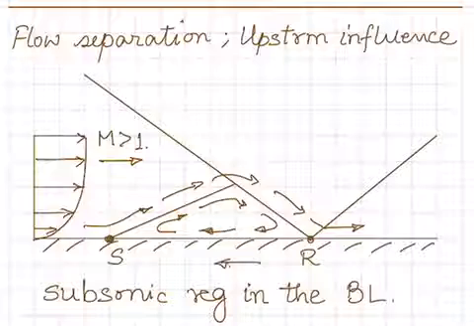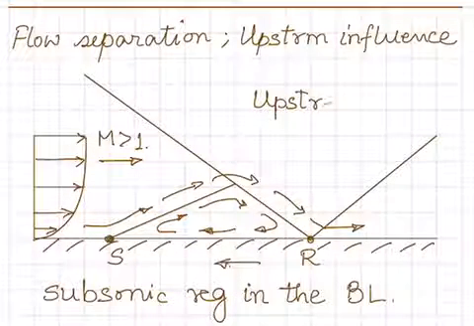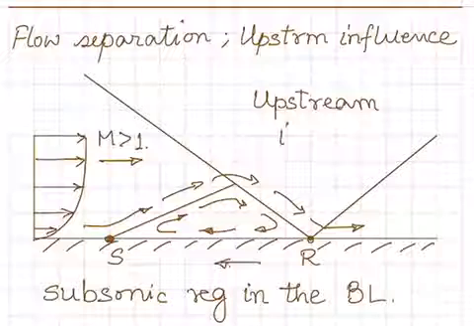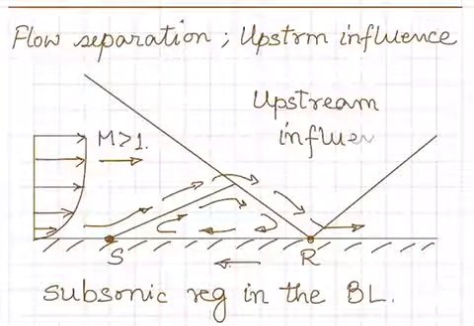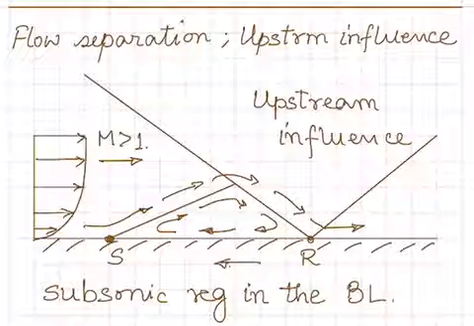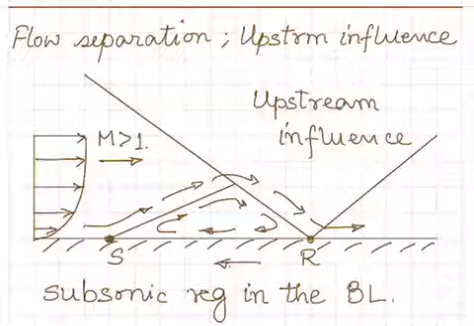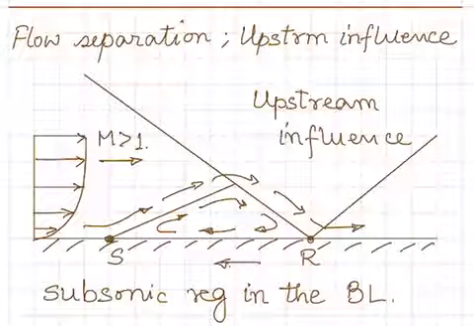by the boundary layer. It is called upstream influence. And in an experiment or in a flow like this, or even in CFD, we try to measure the extent of upstream influence.